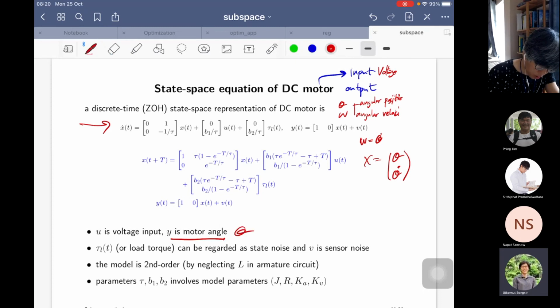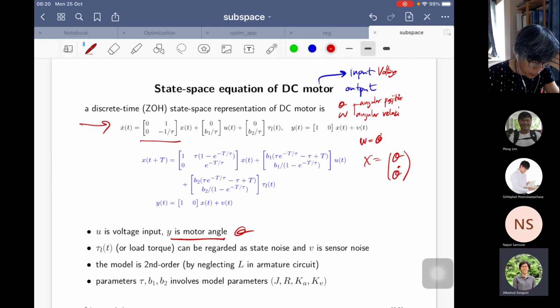Here in this slide, I select y to be the motor angle. The system is second order, as you see here.